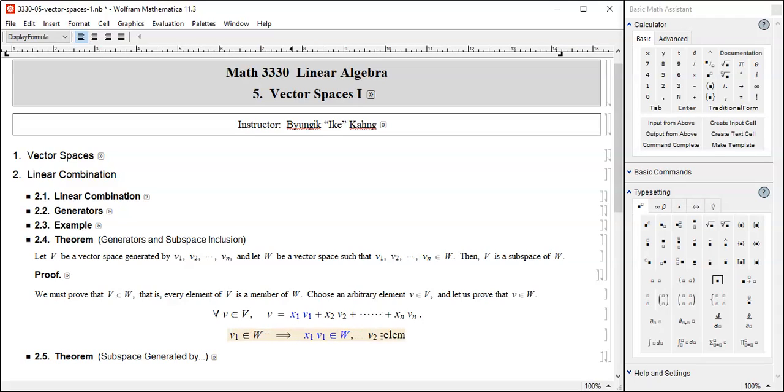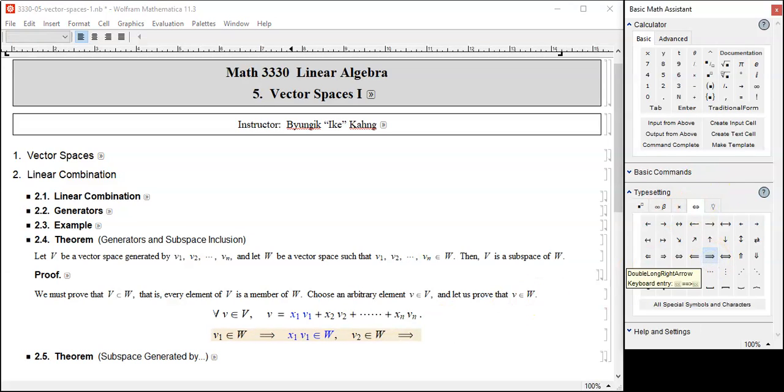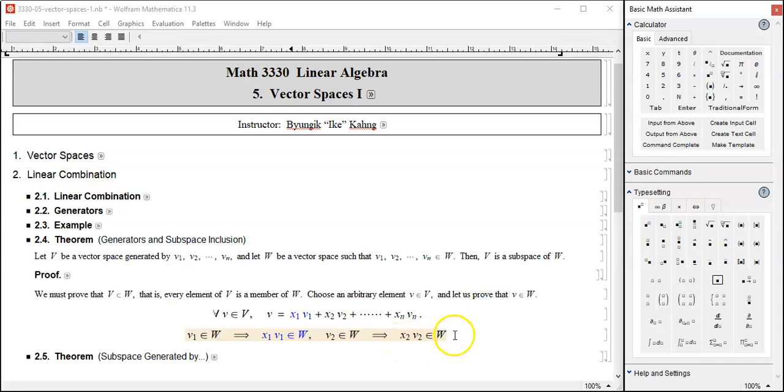V2 belongs to W. Therefore, X2 V2 belongs to W as well. Again, that's because this is scalar multiplication, and a vector space is closed under scalar multiplication.